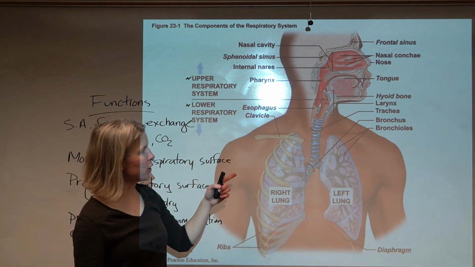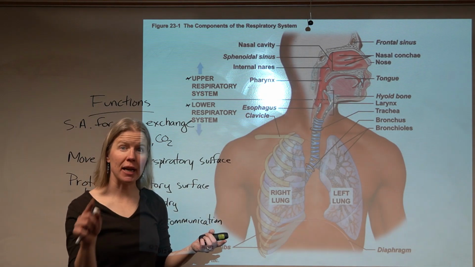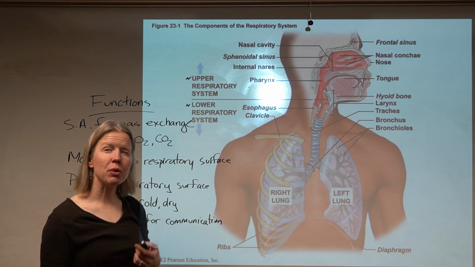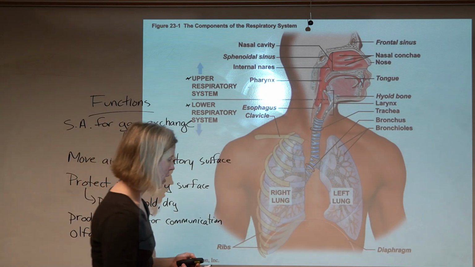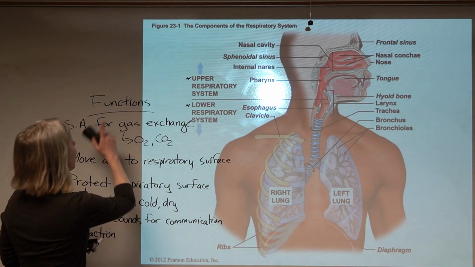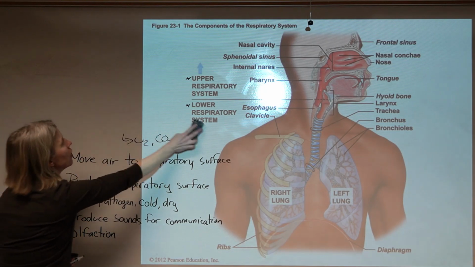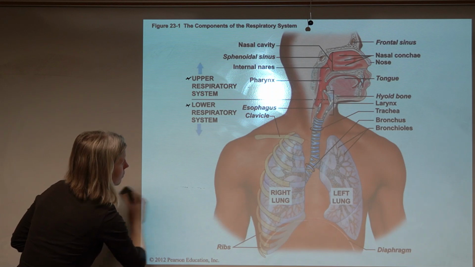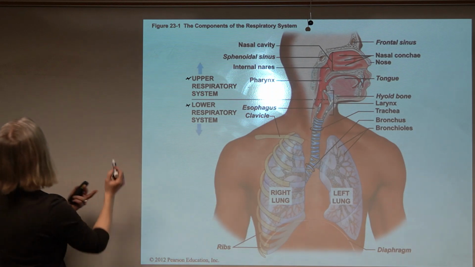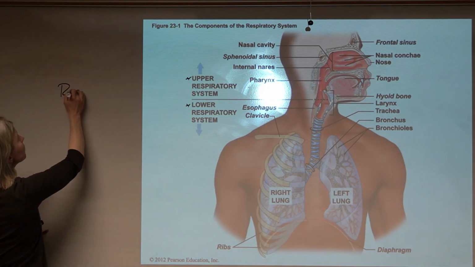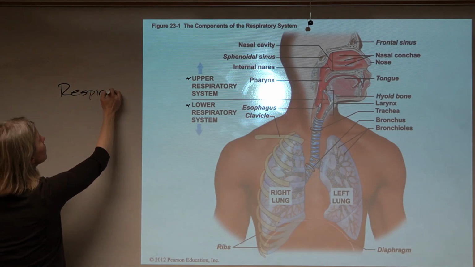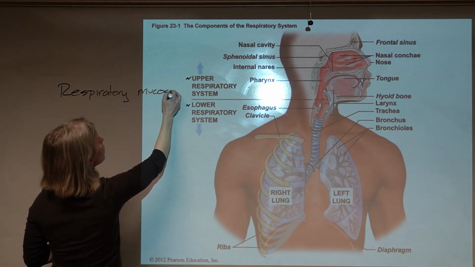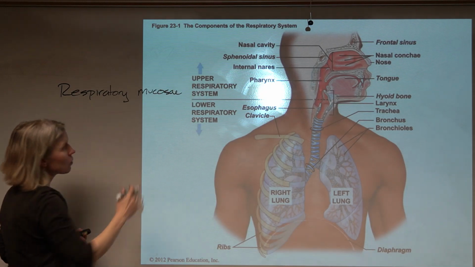So what we're going to do is, again, those big structures, you'll be IDing them in lab, but we're going to look a little bit at what's called the respiratory mucosa. So a little bit of the kind of histology of what's going on across these different organs. So the respiratory mucosa, right?